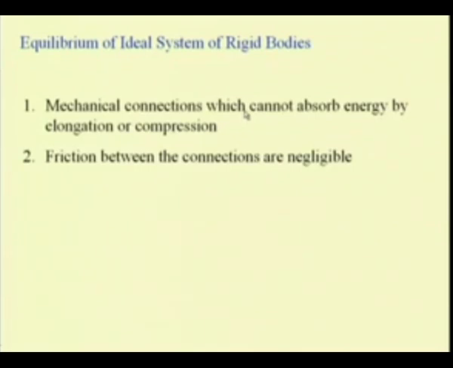So, again we assume that there is no loss of energy because of friction in the system. If we take these two assumptions, then we can idealize a real system and say that it is an ideal system of rigid bodies.